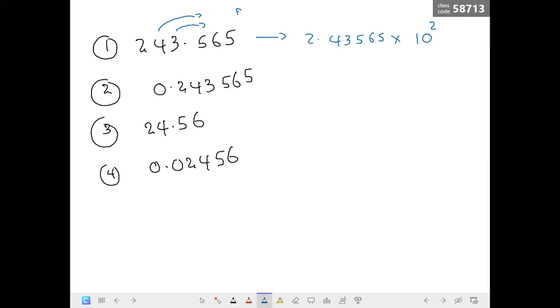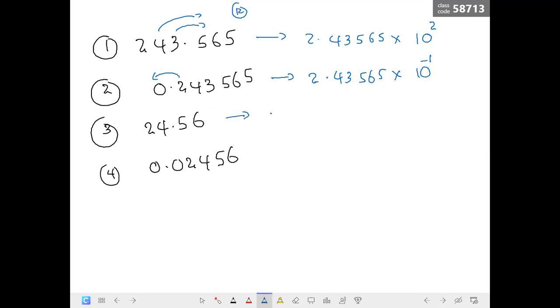We move them to the right side, so therefore exponent is plus. This one we have to move to the left side 1 place. 2.43565. As we moved 1 place, exponent is 1. We moved it to the left side, so therefore -1.